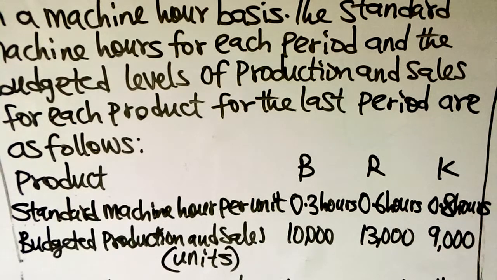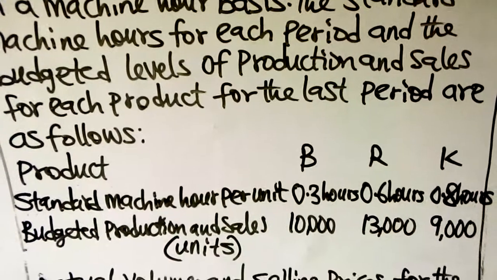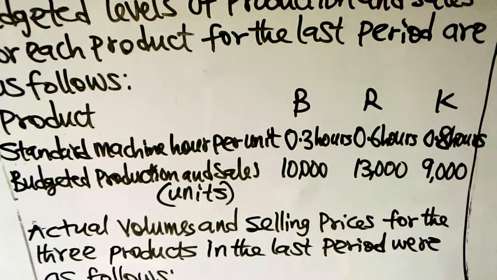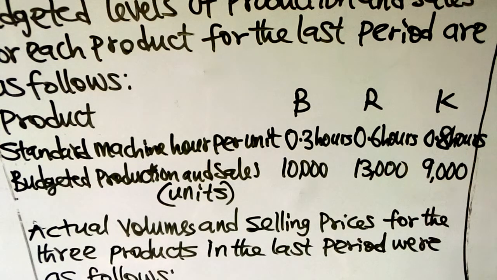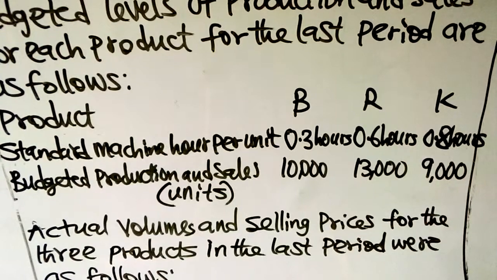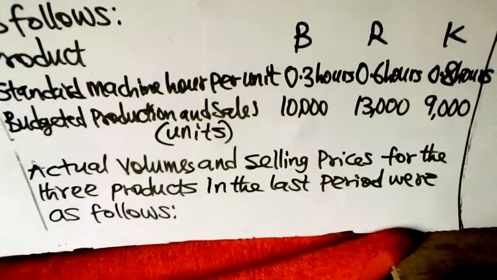We have product B, R, and K. The standard machine hours per unit are 0.3 hours, 0.6 hours, and 0.8 hours. Budgeted production and sales in units are 10,000, 13,000, and 9,000 for B, R, and K respectively.